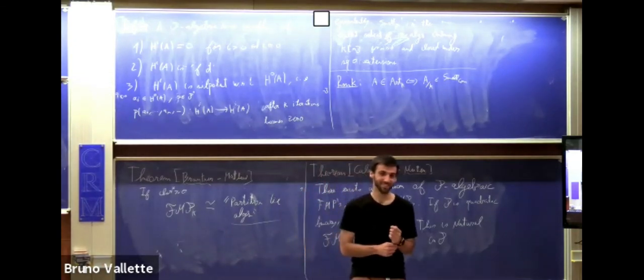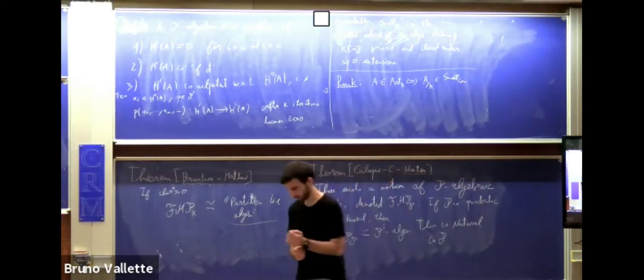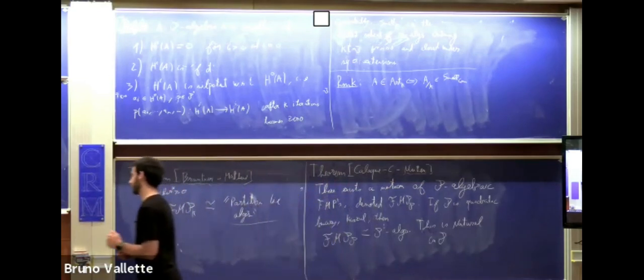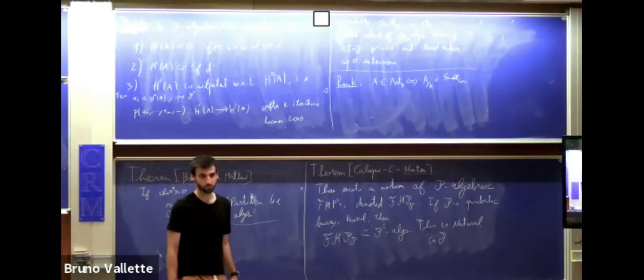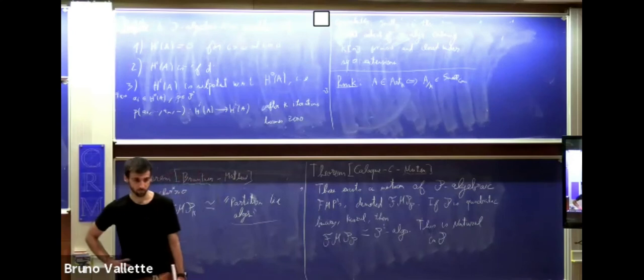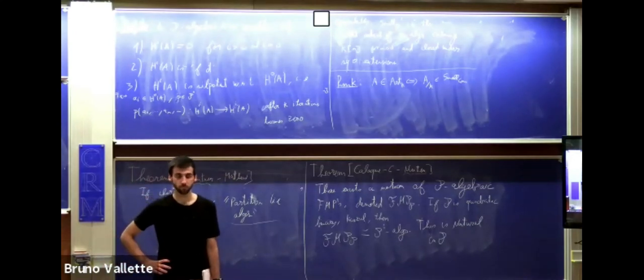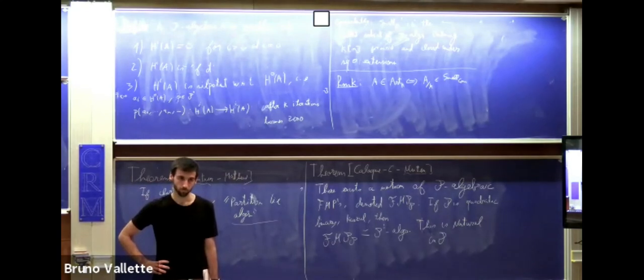Right. So you were saying, okay, so you can actually compute this functor or this Maurer-Cartan moduli, right? Because the moduli is using twisting. You can compute the homotopy groups, right?